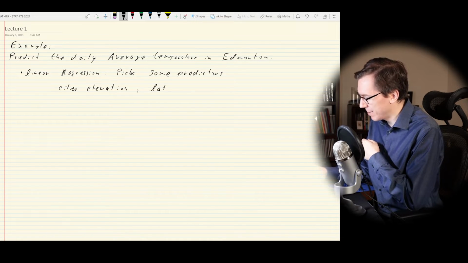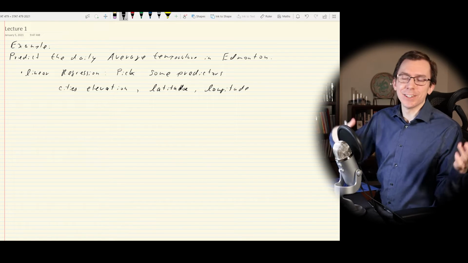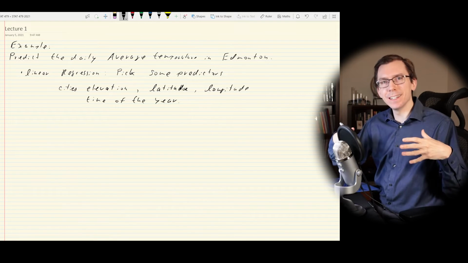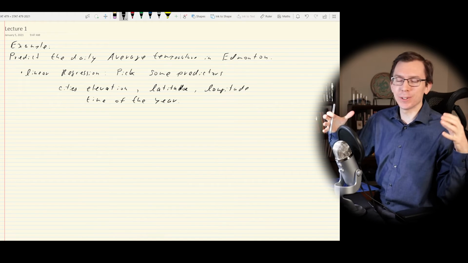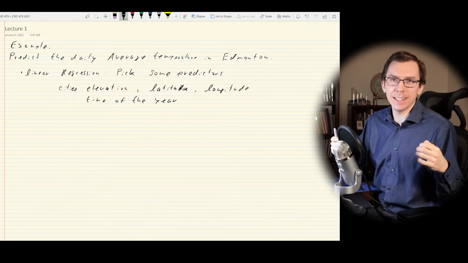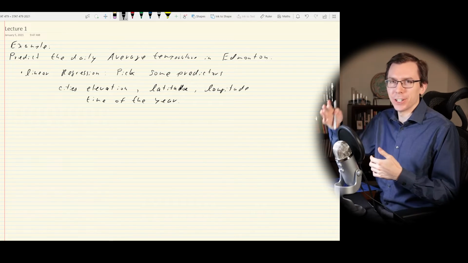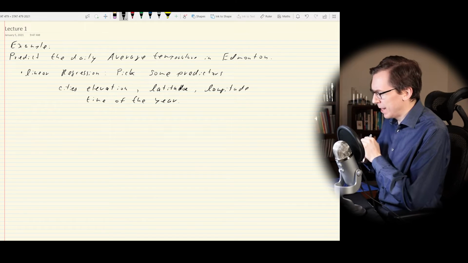We could have a latitude, a longitude, you could have a time of the year. And if we were to try to do a linear regression model, we could plug all of these independent variables into the model and try to use them to predict what the temperature is in that city, in, say, Edmonton. In this case, we would have a collection of cities, and we'd want to try to predict.